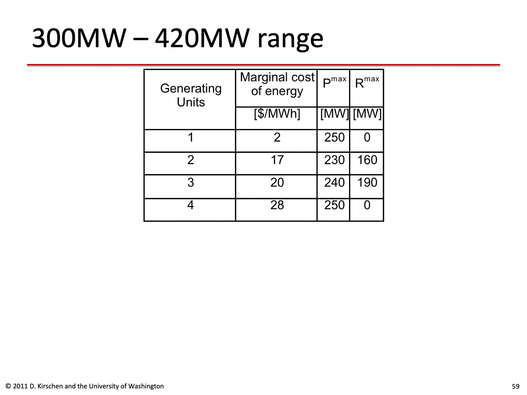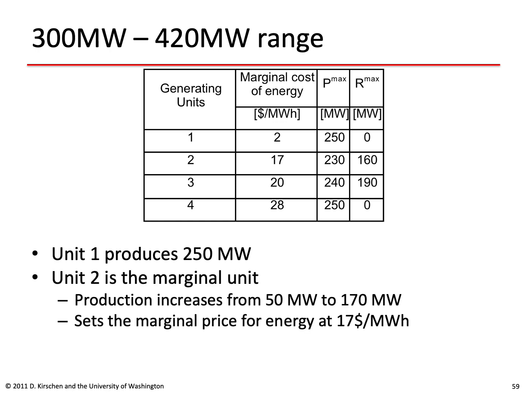Let's first consider what happens when the demand is in the range from 300 megawatts to 420 megawatts. Well, unit 1, as I mentioned earlier, is by far our cheapest unit, so it will produce its maximum output of 250 megawatts. Unit 2 is our next cheapest generating unit, and it's going to be the marginal unit because we will only need unit 2 to produce energy on top of unit 1.